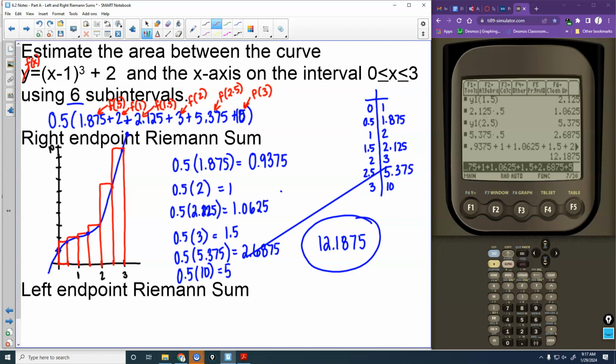So if I'm letting you use your calculator for this, then I could do 0.5 times y1 of 0.5 plus y1 of 1 plus y1 of 1.5 plus y1 of 2 plus y1 of 2.5 plus y1 of 3.